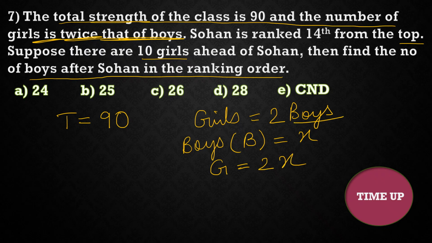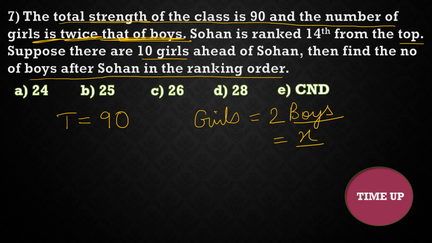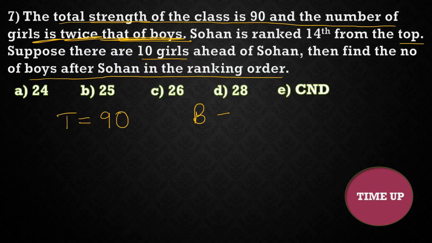So if I take boys as X, then girls will be twice that of boys as mentioned in the question. So G is equal to 2X. So I will directly write that boys, that is B, is X and girls is 2 times X. Understanding?